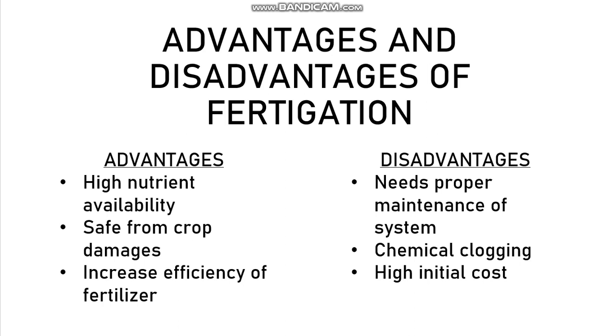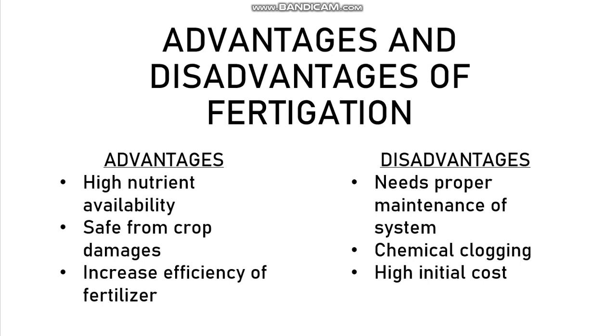Advantages and disadvantages of fertigation. The advantage of fertigation is that it offers high nutrient availability. As the system is installed at the farm, it is ready to be used as long as the system is functional and the water tank and fertilizer are filled.